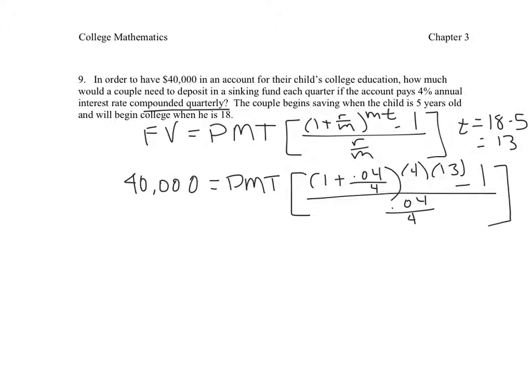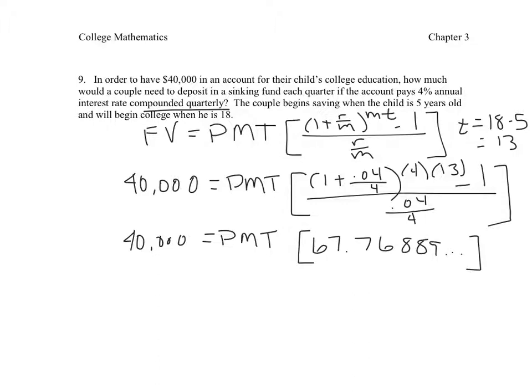Okay. We can calculate everything inside this bracket. We will need to do that first. So just like we've been doing, use your order of operations, put that in your calculator, and you're going to come up with a decimal number that will be something like 67.76889. It actually keeps on going.